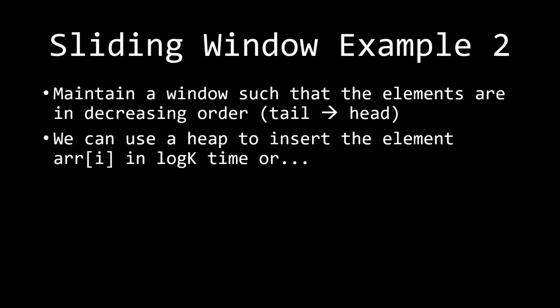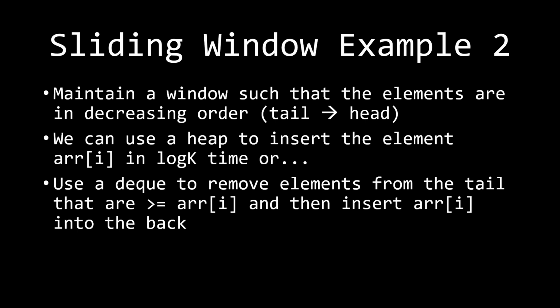Or alternatively, what we can do is use a double-ended queue, or a deque, to remove elements from the tail, so the left side of the double-ended queue, that are greater than or equal to array I. And then we're going to insert array I into the back.